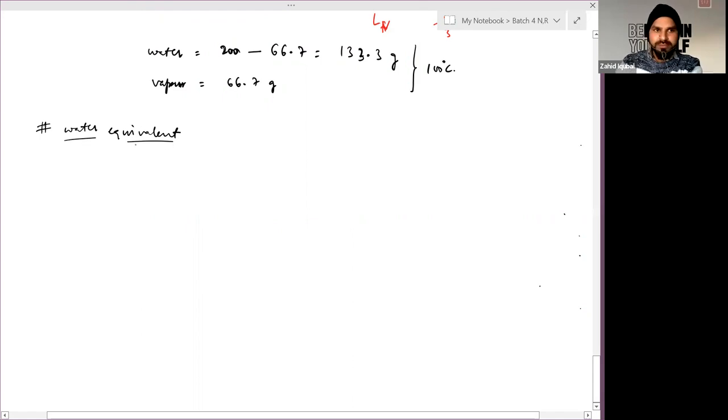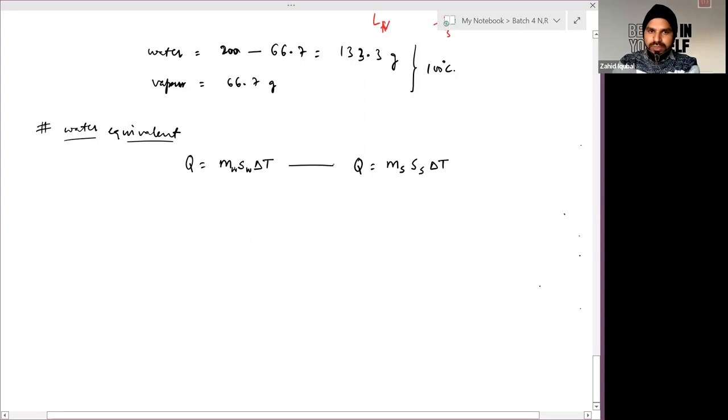So let me define its meaning. Suppose Q equals mass times specific heat times change in temperature. I'm calculating in terms of water. Q equals mass of any substance, specific heat of any substance, times change in temperature.